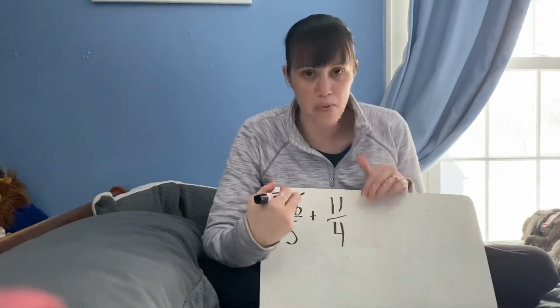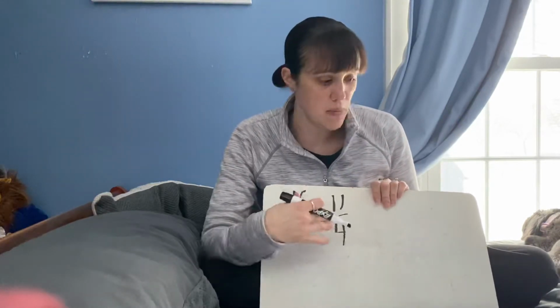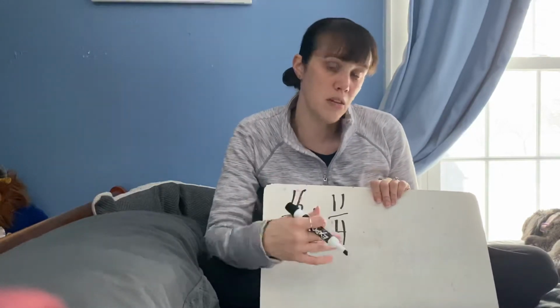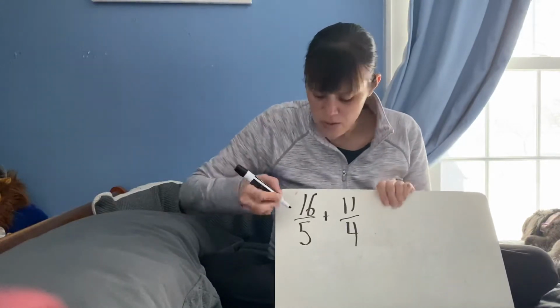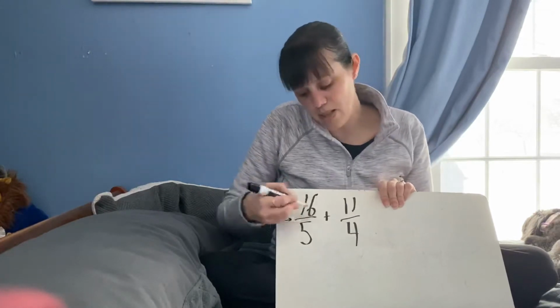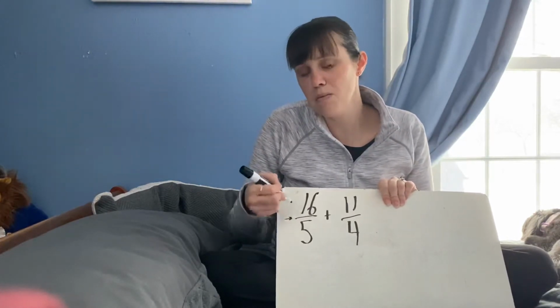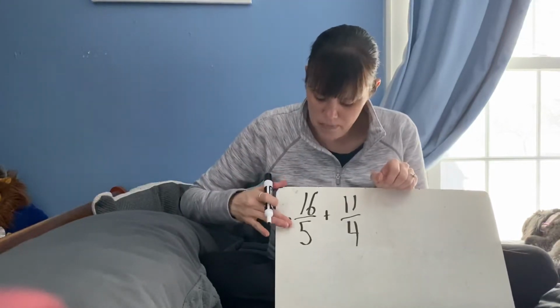So these are improper fractions, and we can change it to a mixed number, I should say. And then do the same thing we just did on the beginning of the problem set. But I'll teach you something else too, because we remember that this signifies that it's a fraction, but we also know that it kind of means like divided by, remember? So I'll show you something with that in a minute.